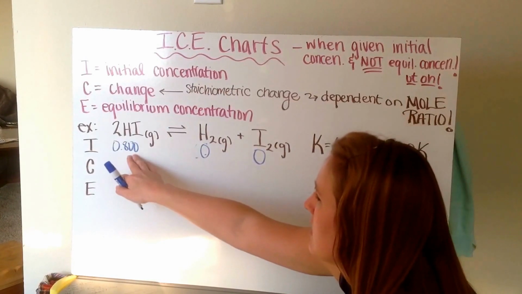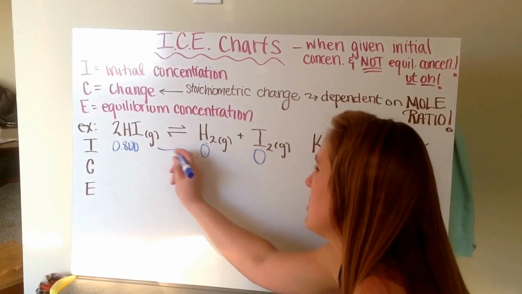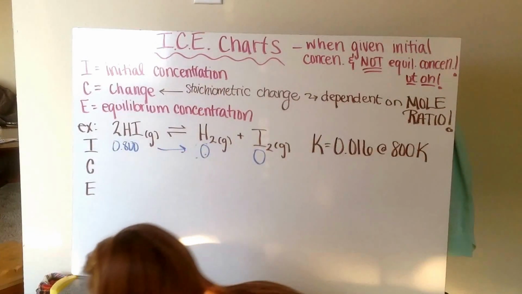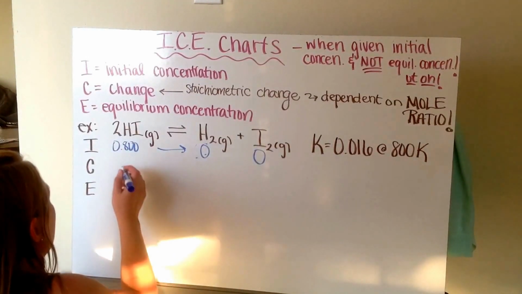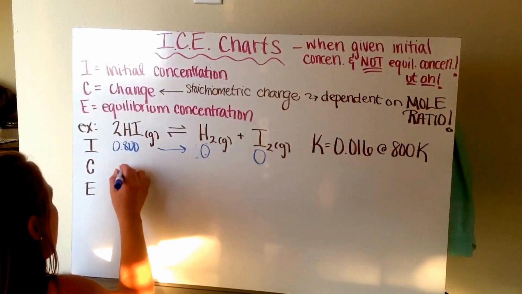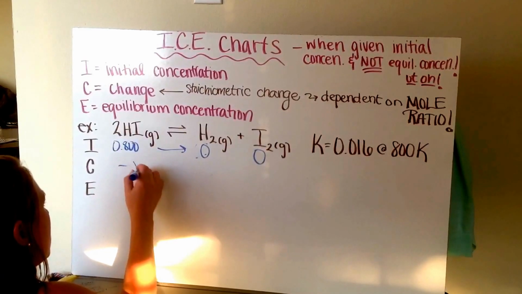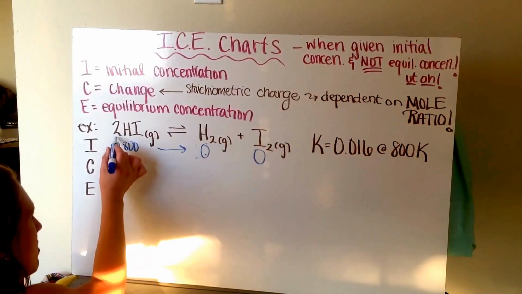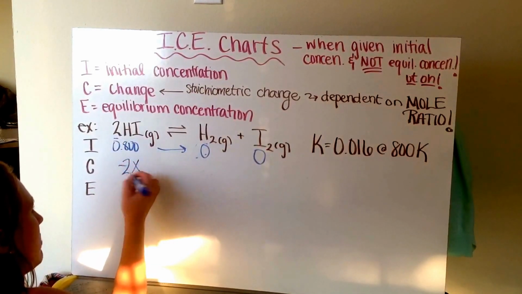Because I'm starting here, my reaction is going to proceed to the right, so I'm going to decrease by some amount, X. And because I have a 2 in front of my coefficient here, I'm going to decrease by 2X.